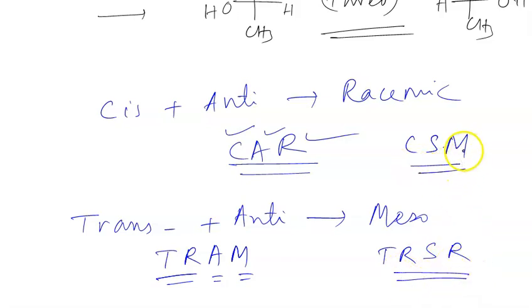So here we will get the meso product, and here we will get the racemic product. Now I hope I have given a clear-cut explanation of the stereochemistry of addition of symmetrical and unsymmetrical reagents to a multiple bond. That is about syn addition and anti-addition.